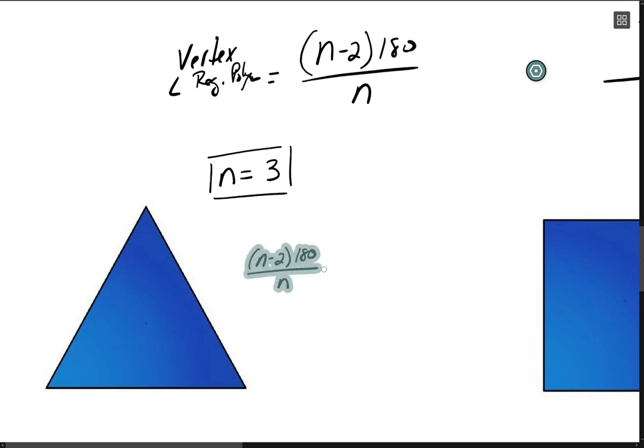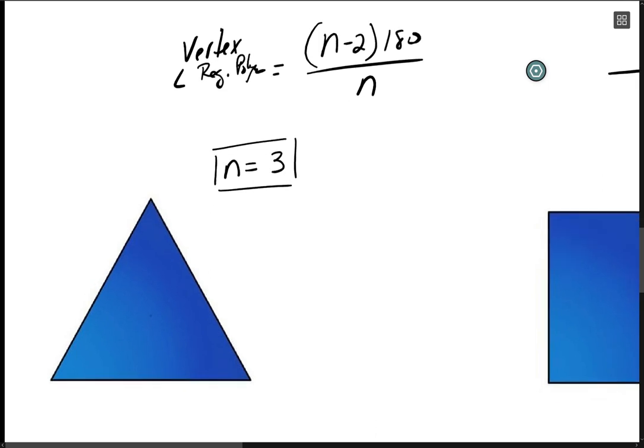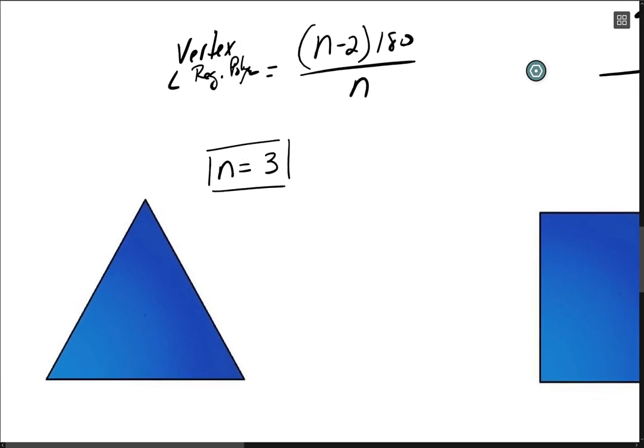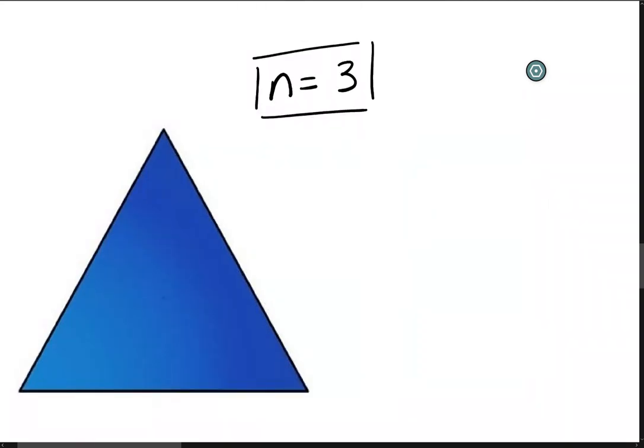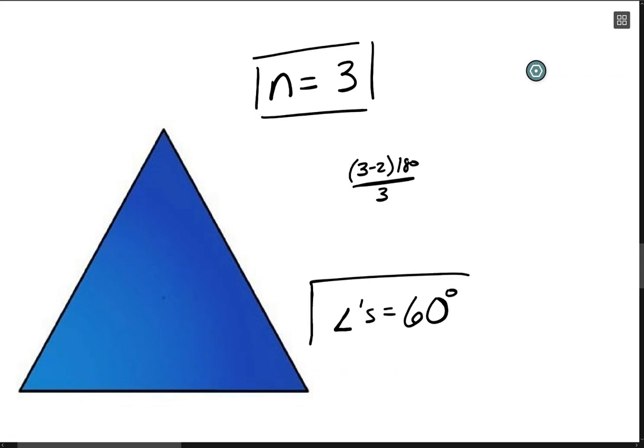So what I want us to figure out is, we've got the number of sides. There are 3 of them for that one. What would the angles be equal to? Well, it would be 3 minus 2 times 180 divided by 3. What do you guys get? I'm not making you write this down. The least you can do is get a calculator out and do this, correct? Would you agree with that?